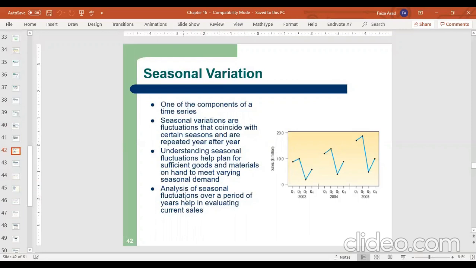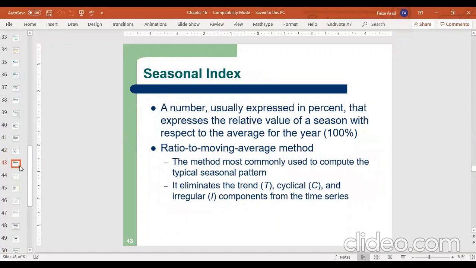So let's move on and see how we can develop an index for seasonal variation. It is a number usually expressed in percent. We already discussed that each index is multiplied by 100 and interpreted as a percentage that expresses the relative value of a season with respect to the average of the year, 100%.